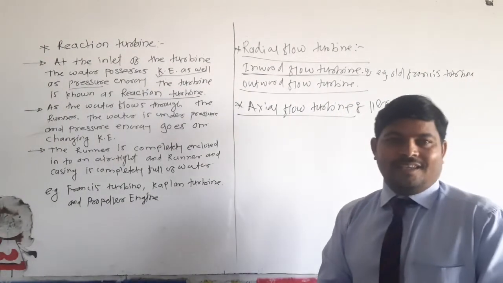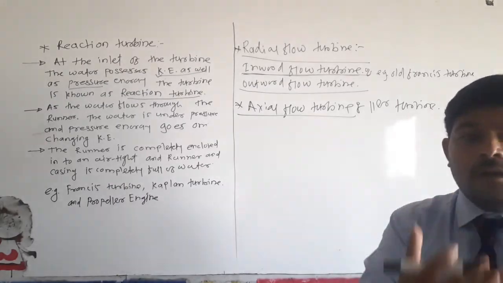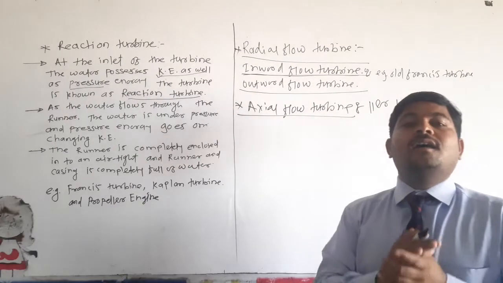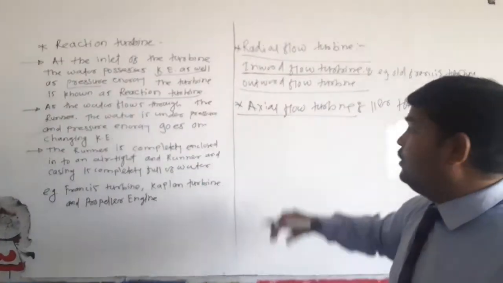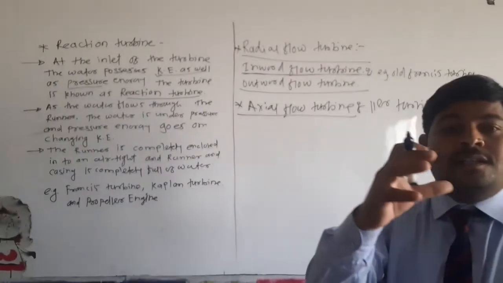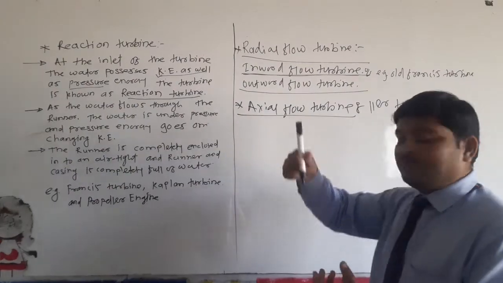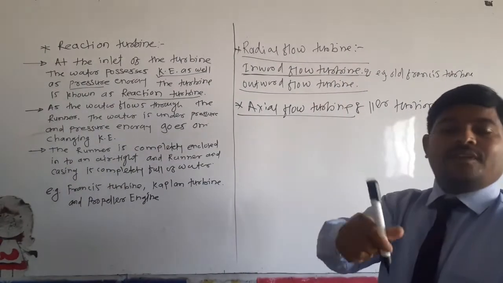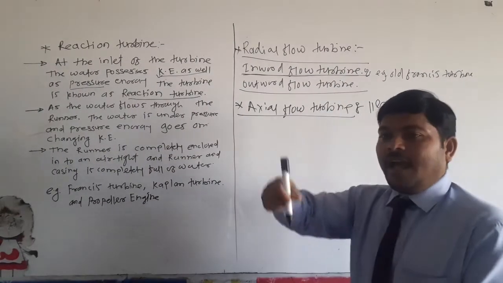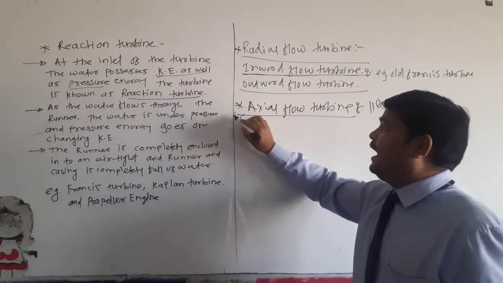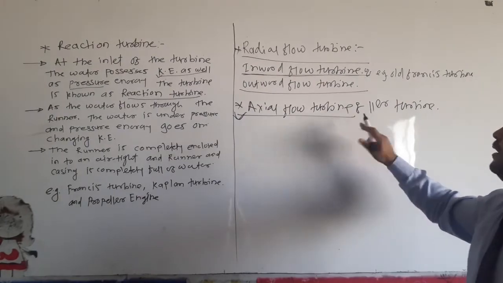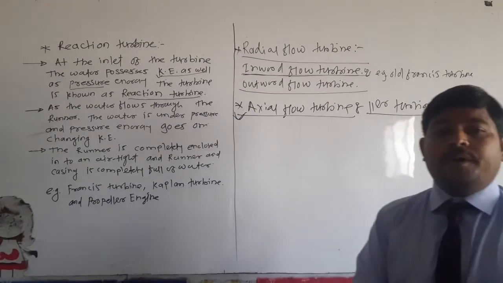In this turbine, the water enters and leaves the runner along the direction parallel to the axis of the shaft. That means the water enters parallel to the axis of the shaft. That type of turbine we call an axial flow turbine or parallel flow turbine.